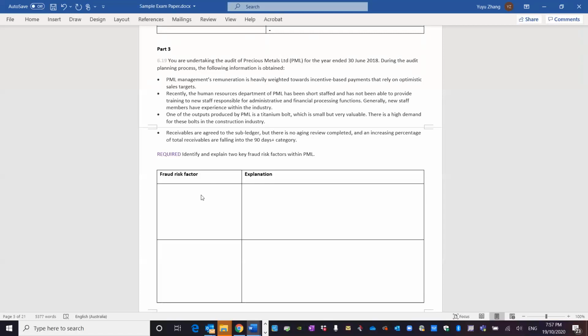So one is misappropriation of assets, and then the other one is a potential fraudulent financial reporting. Okay, but it has been too general. So you need to know what are the fraud risk factors behind the potential misstatement and also the fraudulent financial reporting.